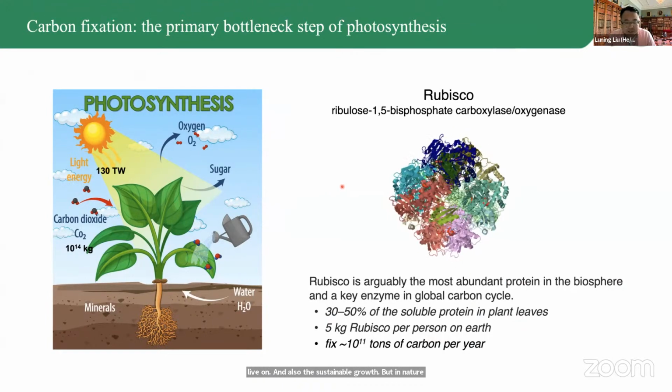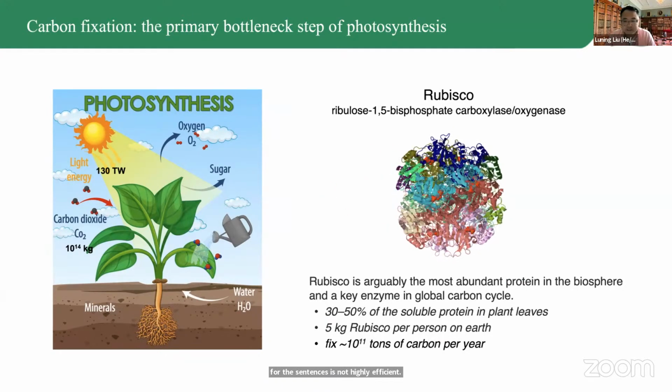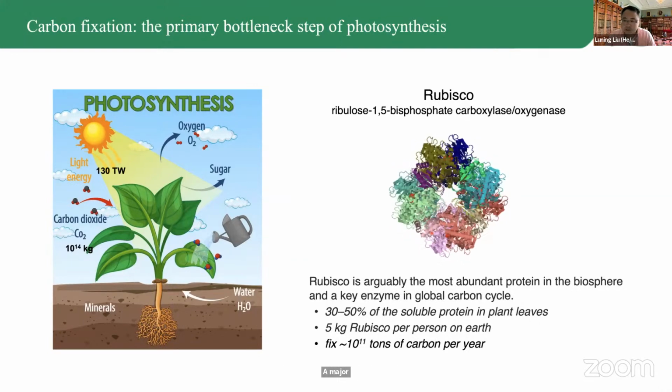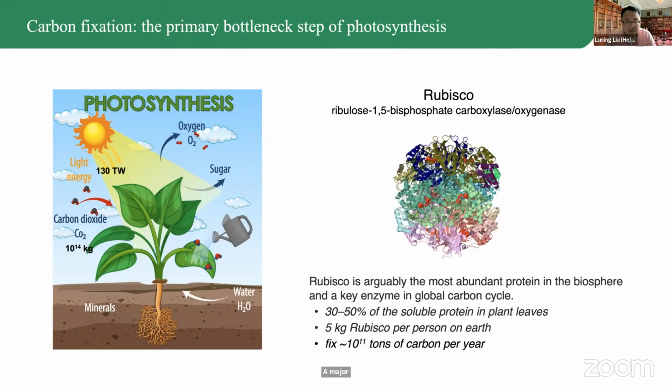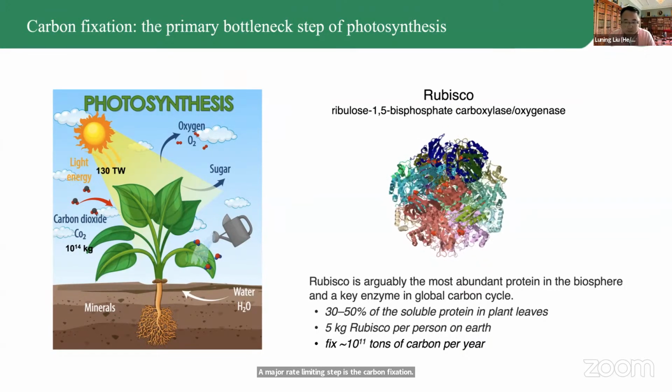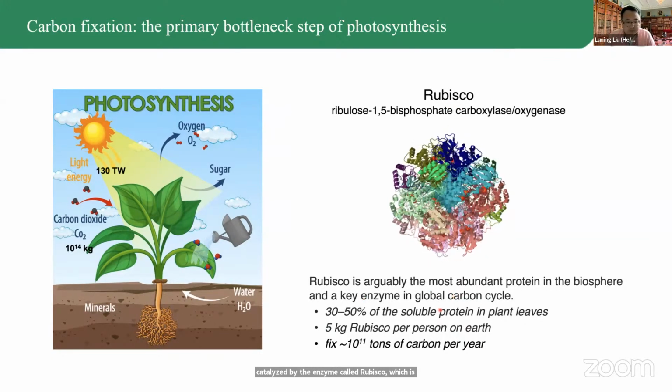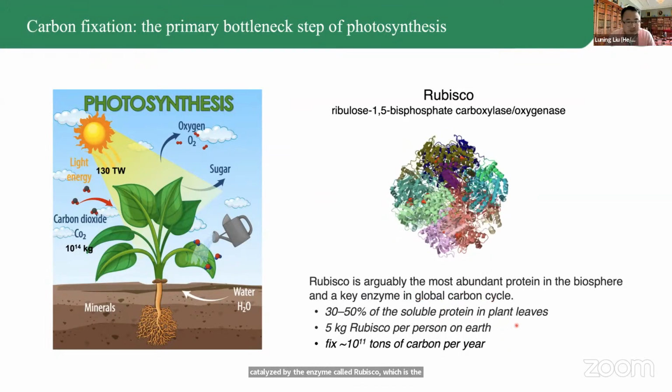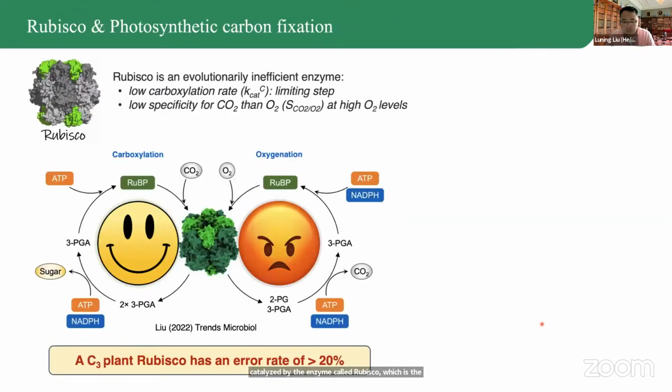A major rate-limiting step is the carbon fixation catalyzed by the enzyme called Rubisco, which is the most abundant protein on Earth and also the major protein in the plant leaves. Rubisco is not an efficient enzyme because, first, it has a low carboxylation rate.